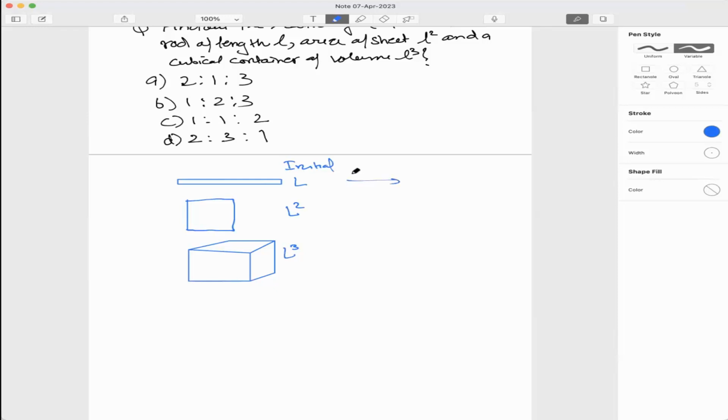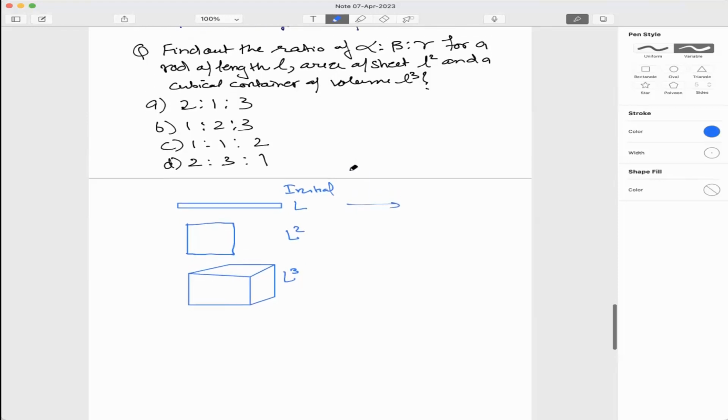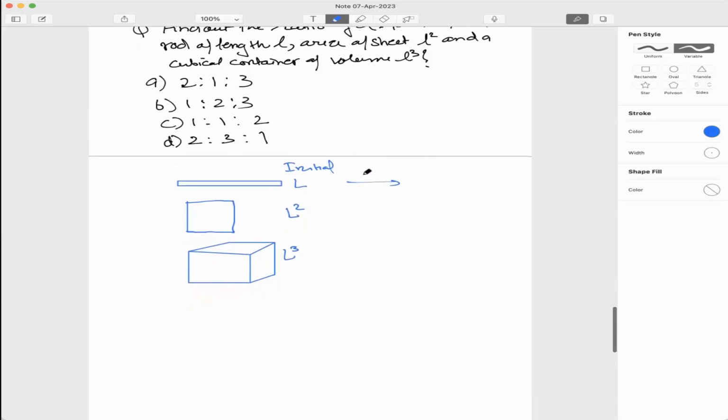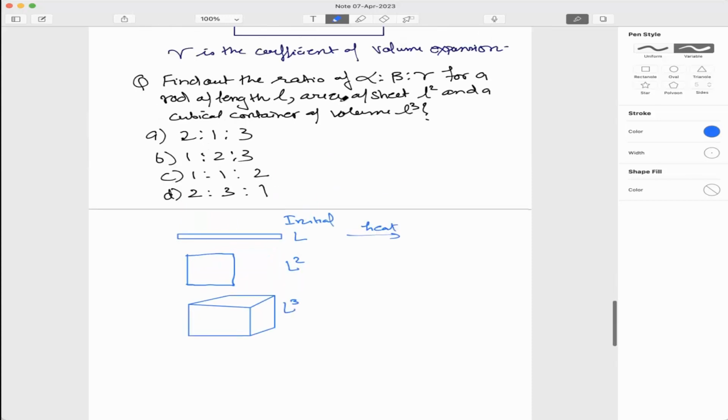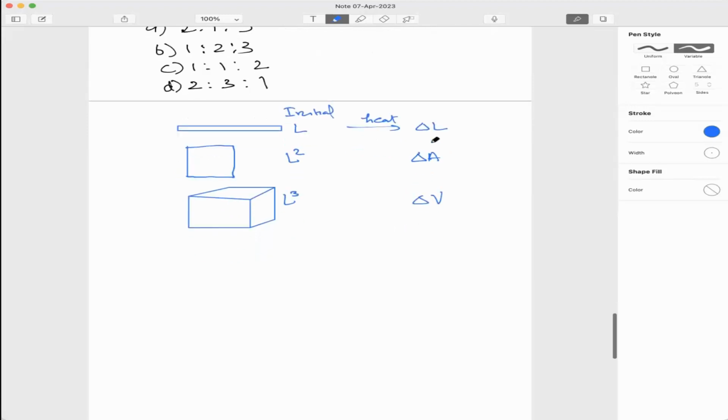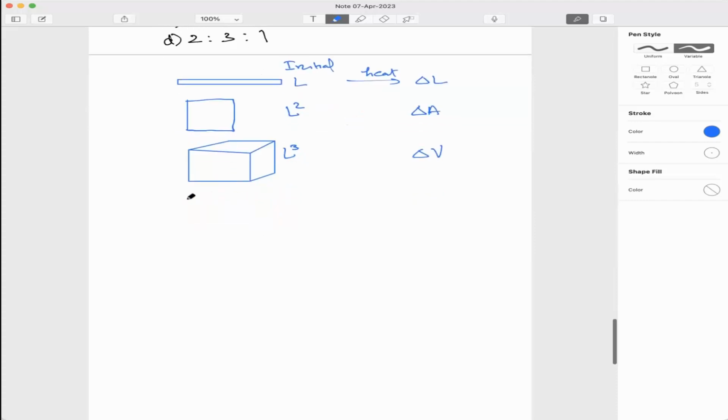Now the temperature is increased. You need to consider it by yourself. Heat is given, then only you will get alpha, beta, gamma in them, such that this will become delta L, this will become delta A, and this will become delta V. We need to relate all these with L.